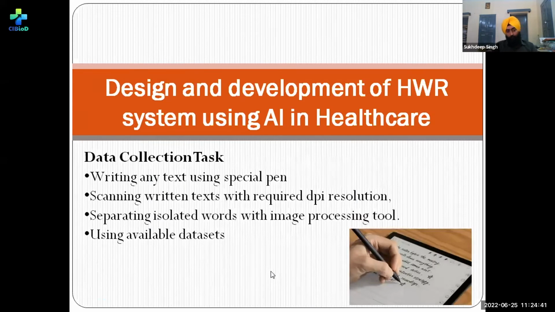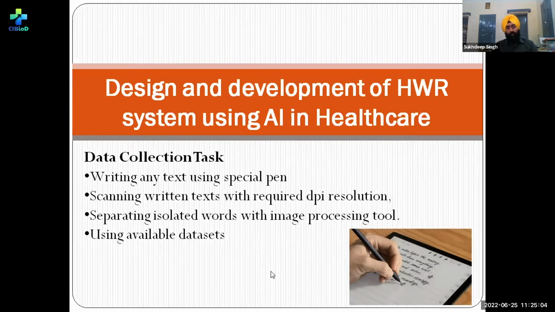The first step in the development of a HWR system using AI in healthcare is data collection. There are two ways of performing data collection. The first is that we have an available benchmark data set.